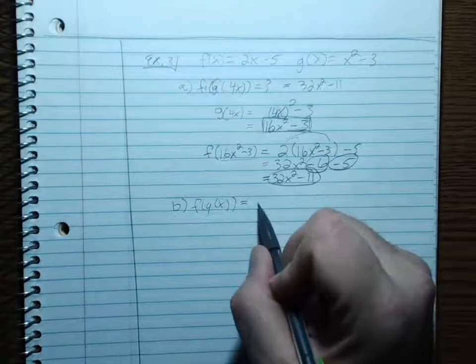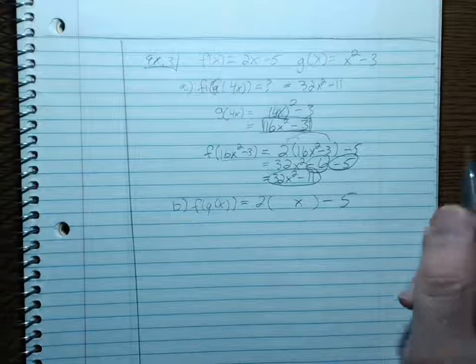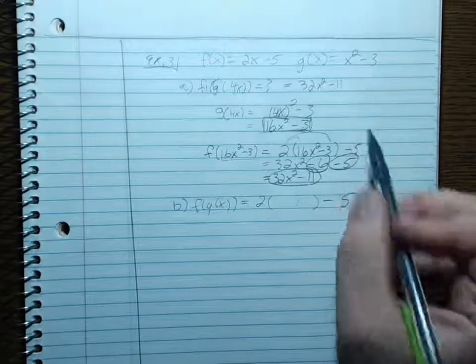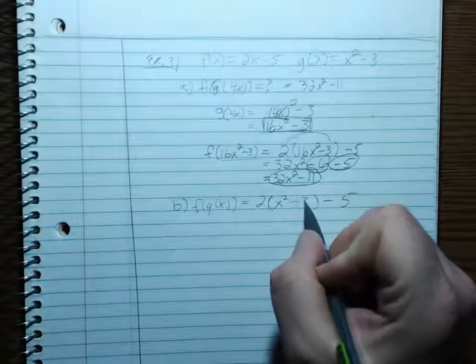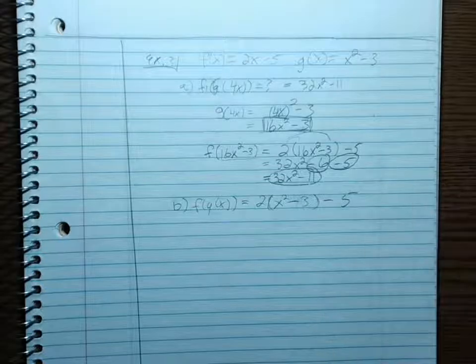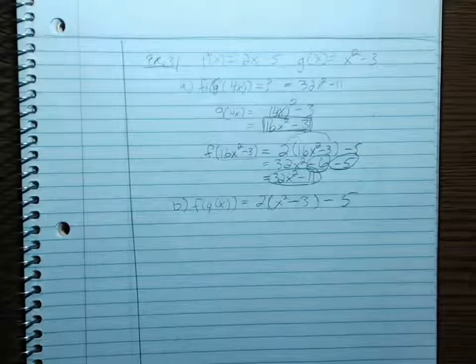So the f function is 2 times x minus 5. And what I'm going to do is remove this x, and I'm going to put the g function inside where the x went. The g function is x squared minus 3. And then once you do that, then you simplify it as much as you can. Distribute, collect like terms. Those are really your two moves, distribute and collect like terms.